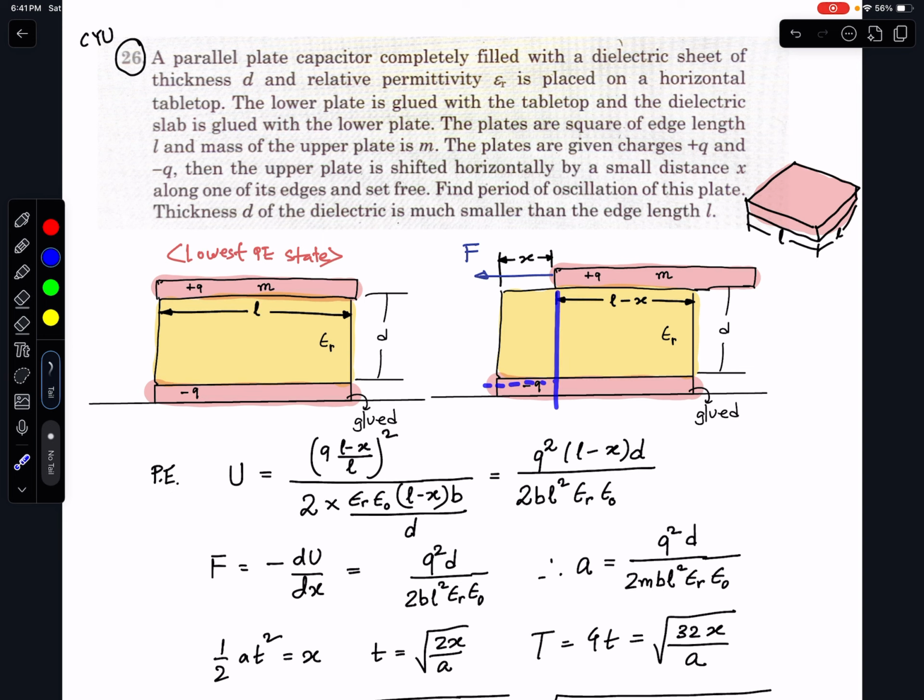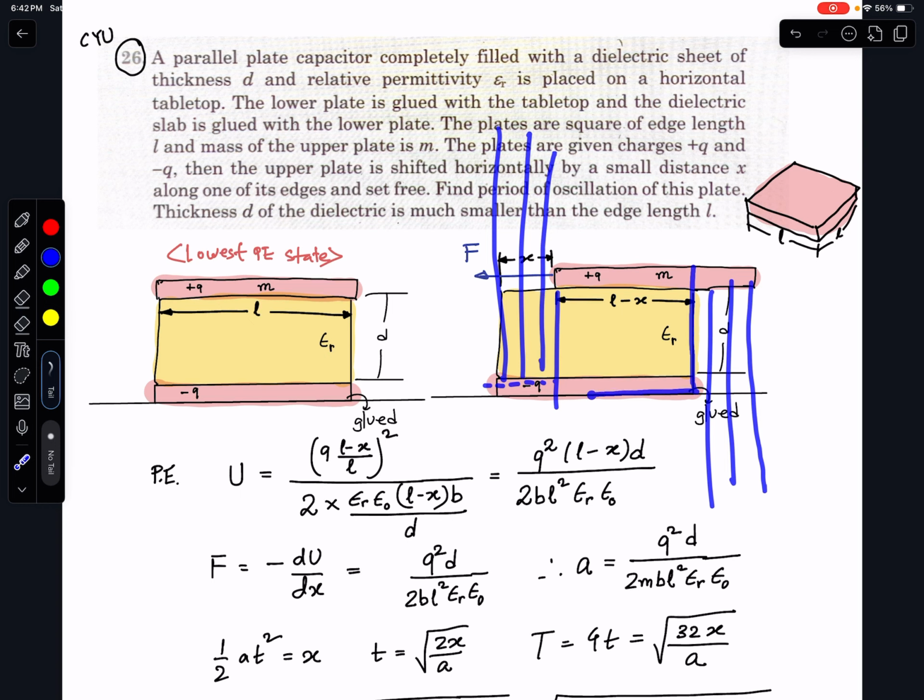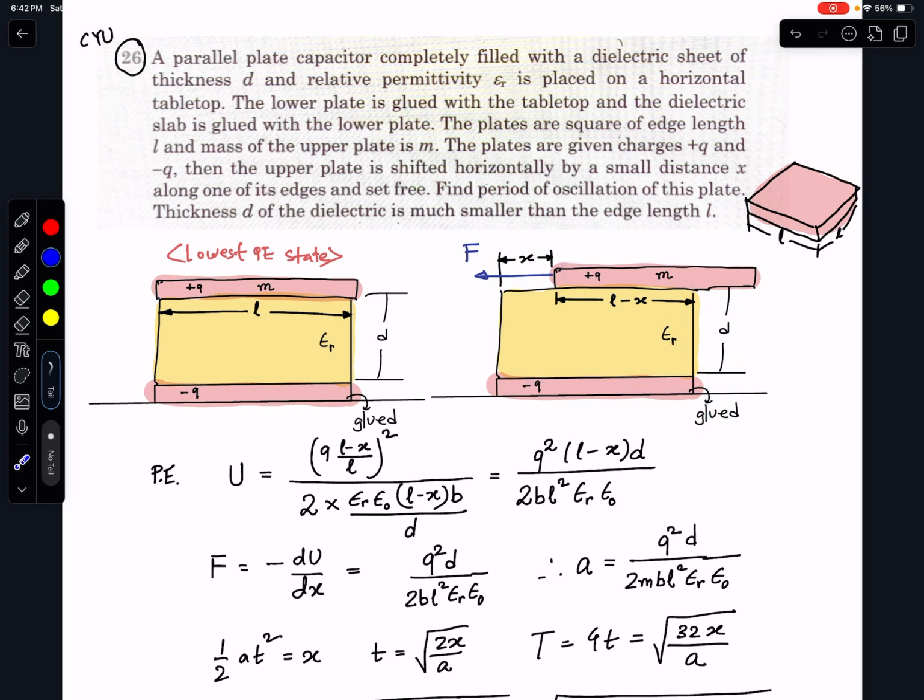But as you know, this is a long distance, so wherever you find the capacitance effect, it is only in this region. So we have to consider the charge contained in this length L minus x proportionately. So in L minus x length, what will be the charge?